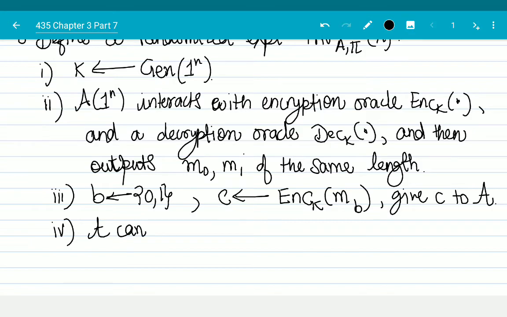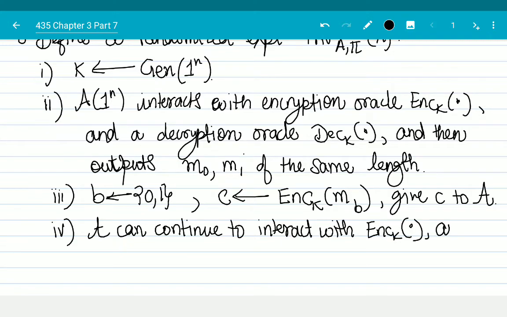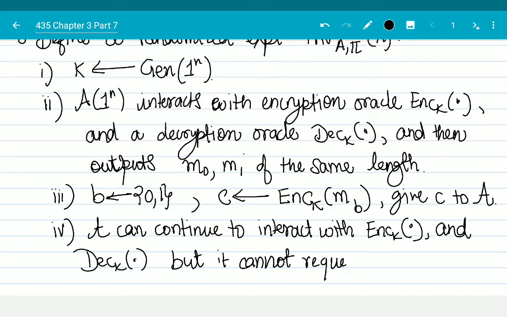He can continue to interact with Enc_k and Dec_k, but he cannot request decryption of c.